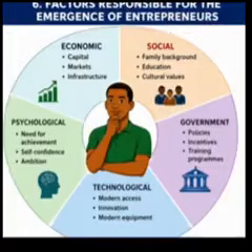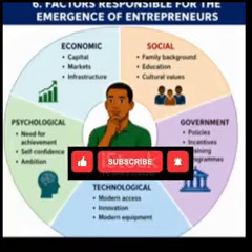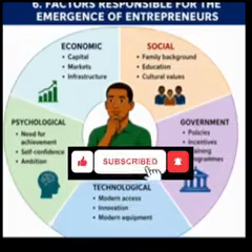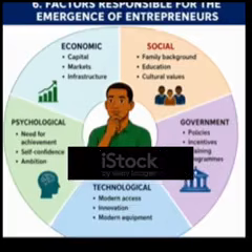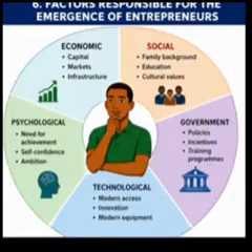So the sixth aspect of the summary has to do with factors responsible for the emergence of entrepreneurs. Or you can also put it as the factors responsible for the emergence of entrepreneurship. It could be in the world, or you can also restrict it to Nigeria. We have the economic factor, the social factor, the government factor, the technological factor, and the psychological factor.